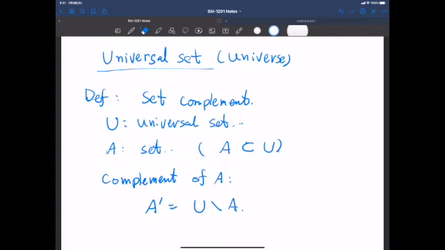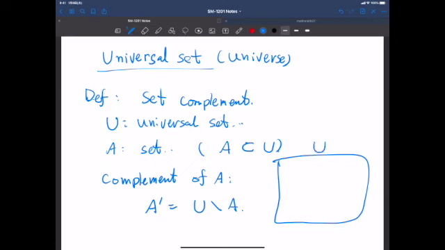Intuitively speaking, suppose we have this universe, the universal set, and we have a set A. So this A complement, A prime, is U minus A, so that means it is this part, everything outside A.